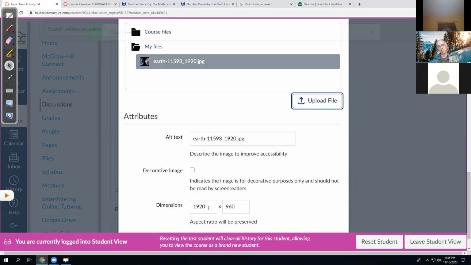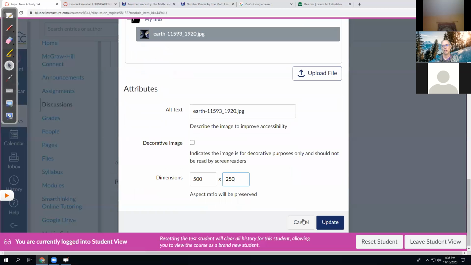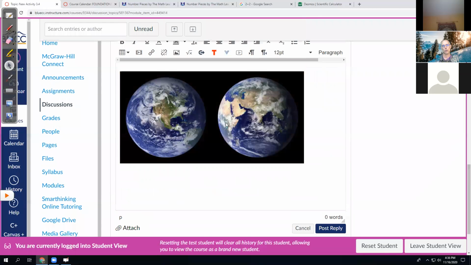That's the width of my entire screen. I have a pretty wide screen. That's probably too big. I might want to make it like 500 wide, and it'll adjust the width for me. And then you can just update, and it'll throw the picture right in there, and then you can write around it. I have 2 groups of Earth. Sorry about that, Earth. You can embed pictures directly in there.